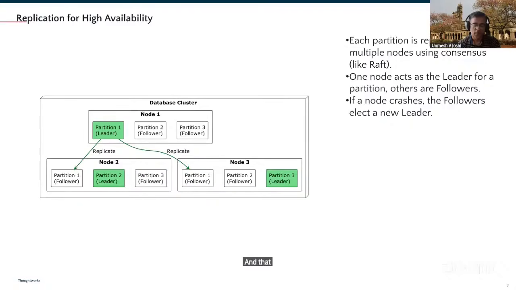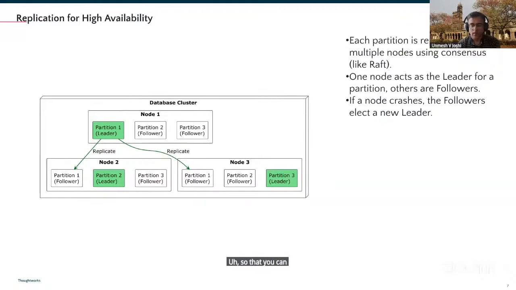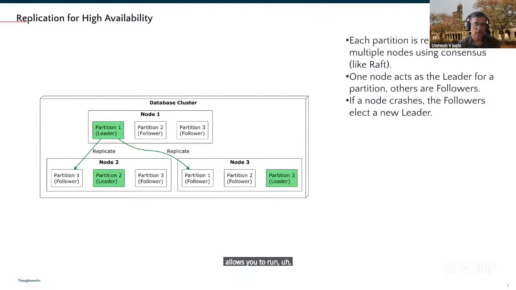And that has important implications, because obviously Kafka or YugabyteDB or TiDB are not designed so that you can run only 3 or 5 nodes, right? They are designed in a way that allows you to run hundreds of nodes and have terabytes and petabytes of data spread across.